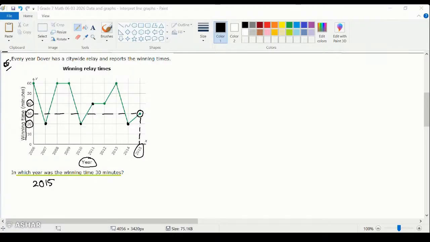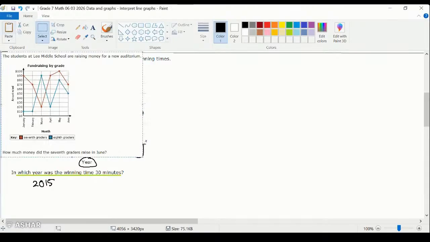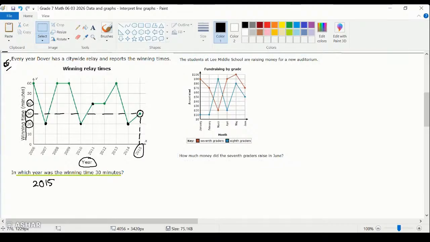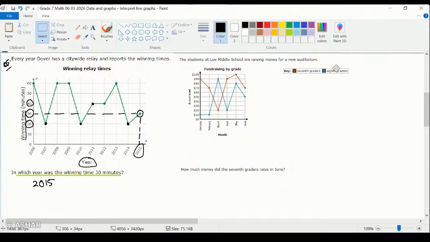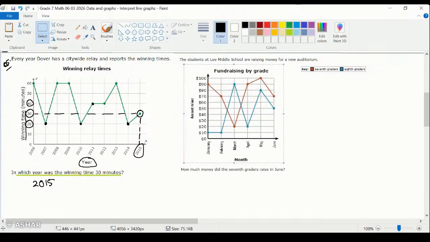For the next question, we have a comparison of two line graphs. Just a moment please, let me realign this. If this is the key given to us, in question number 6, students at Lee Middle School are raising money for a new auditorium.